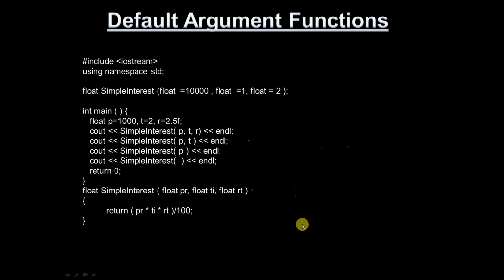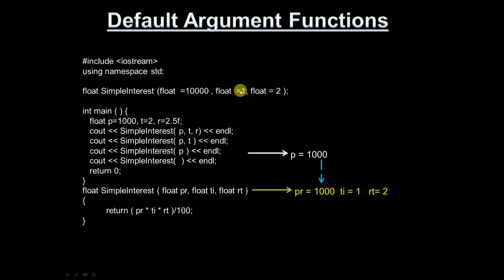In the same way, in the third step, we are passing only the first argument, that is 1000. So in that case, principal amount 1000 will be there. P value will be copied to PR. Next, for TI and RT, the compiler will look whether any default values are provided in the prototype declaration. So the default values are provided.